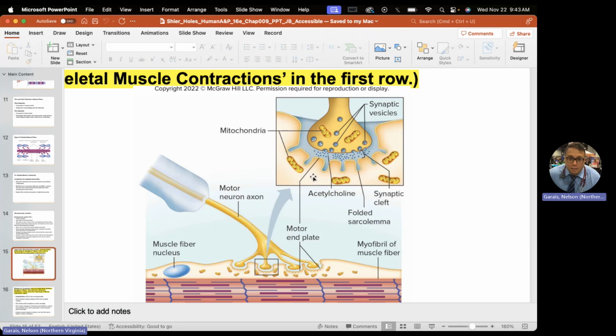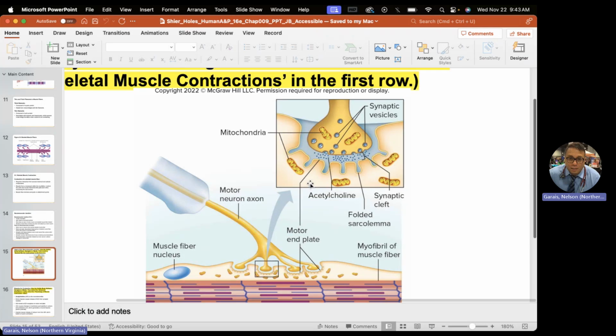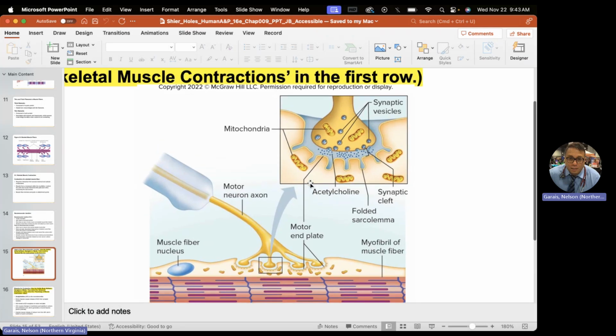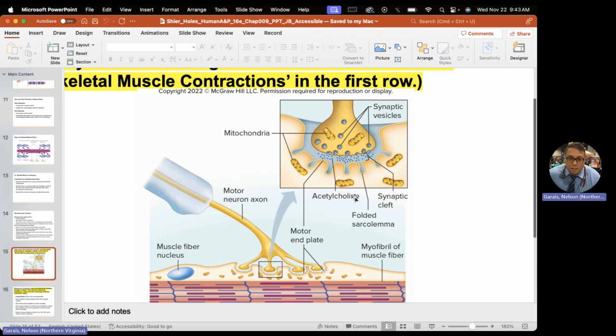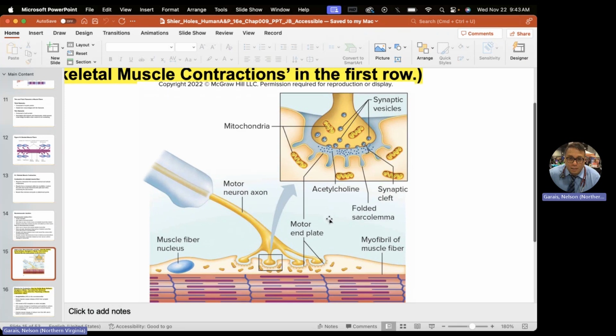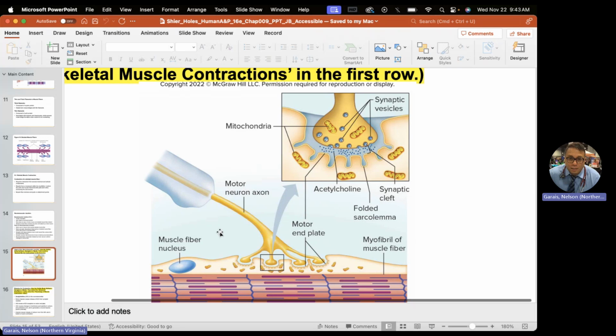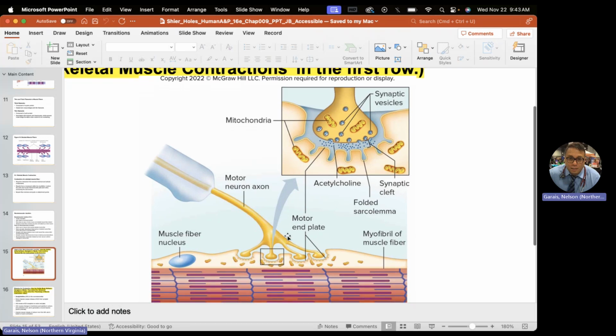Acetylcholine will perpetuate the original electric signal. So it goes electricity, acetylcholine, which is a chemical neurotransmitter, and then back to electricity. And it happens in milliseconds. So know these parts, and know that acetylcholine is a neurotransmitter specific to skeletal muscle in this case.